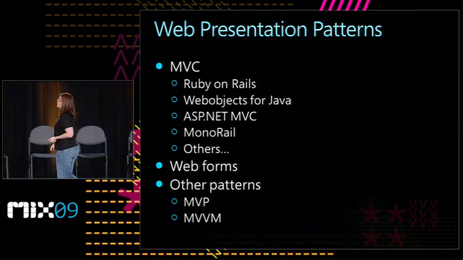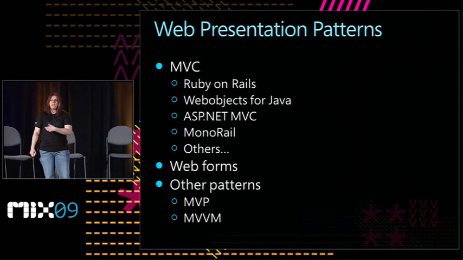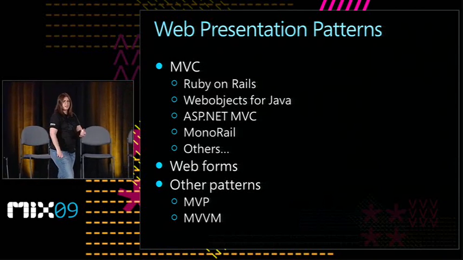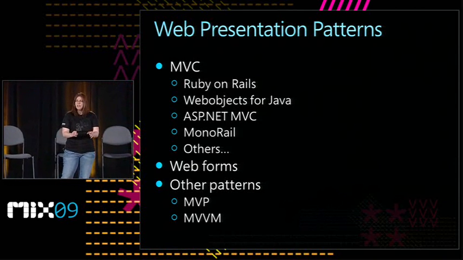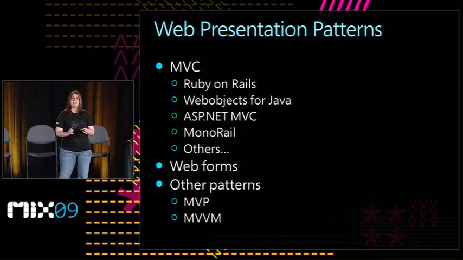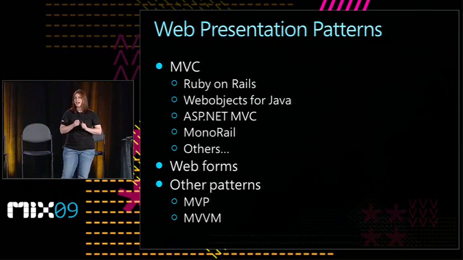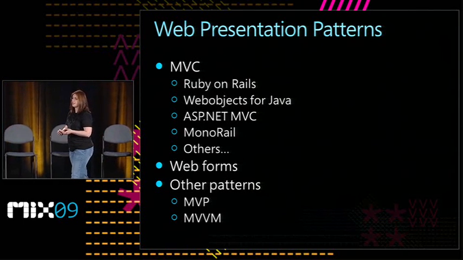Some of the other presentation patterns that are available, we have Monorail, Django, WebObjects. So MVC itself, as a pattern, has been around for some time now. It's not a new concept. It's not even a new technology as far as the pattern of dealing with it. Java's had it. Lots of others have had it.